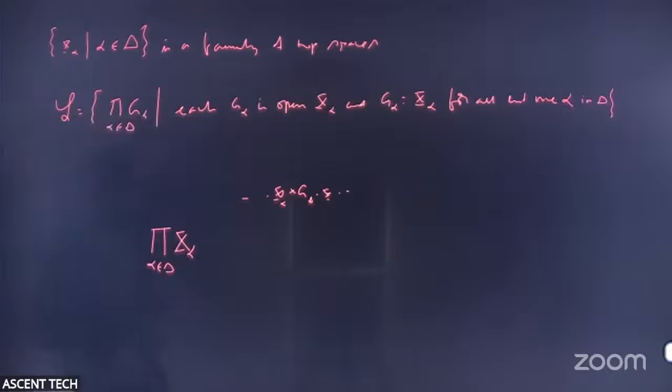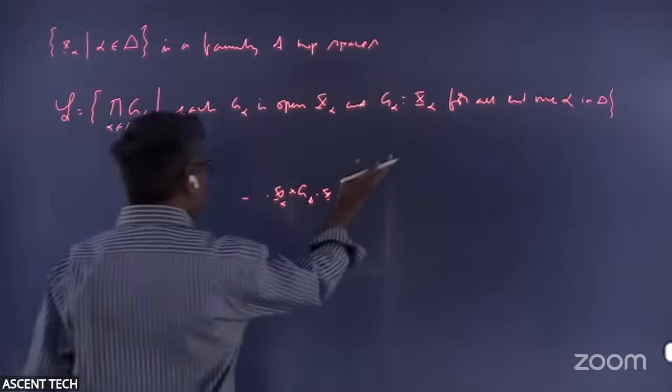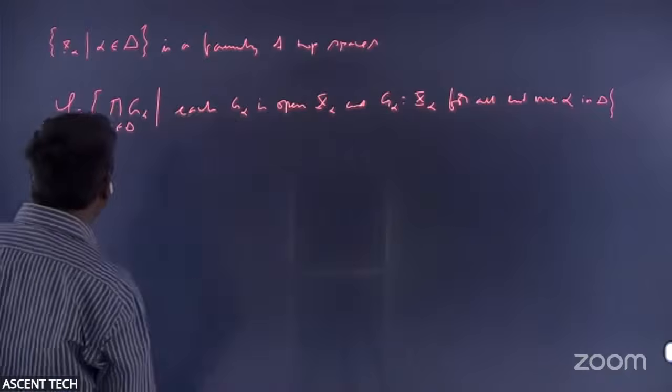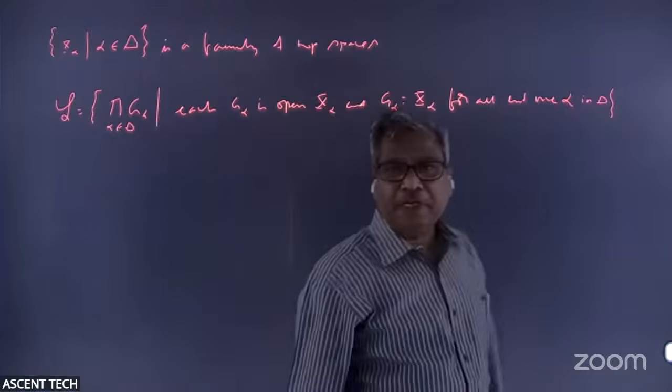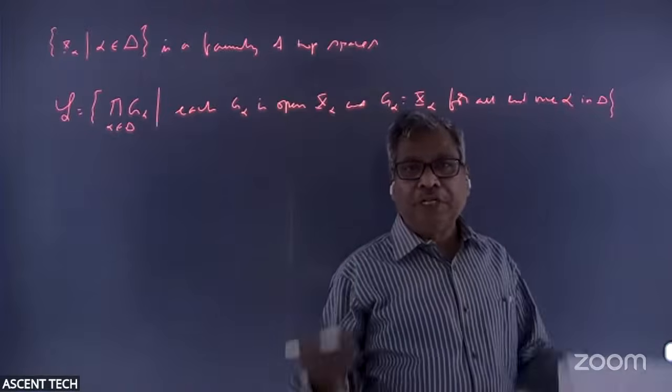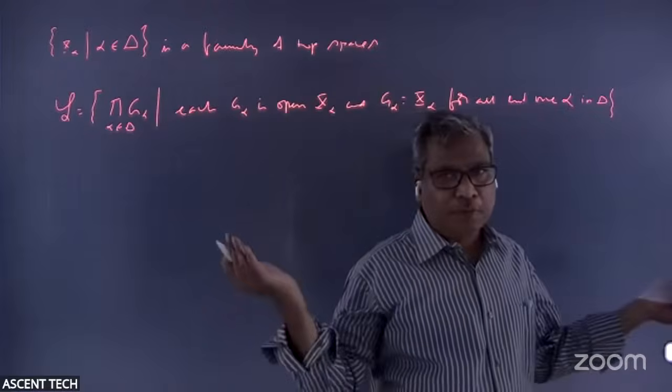So this is the kind of thing we said forms a subbase for some topology. Why does it form a subbase for some topology? Any collection of sets forms a subbase for a topology provided its union is the whole space. That's all.